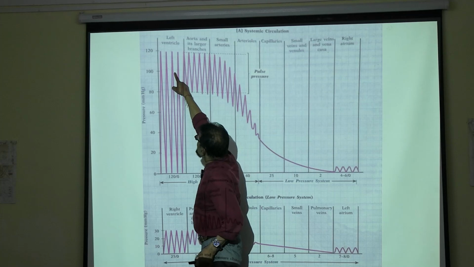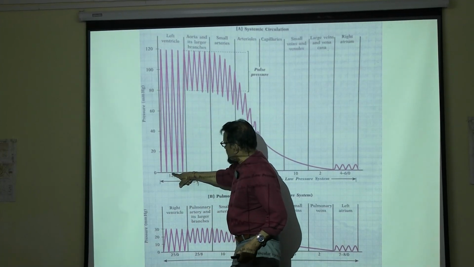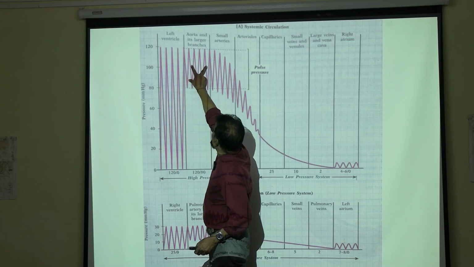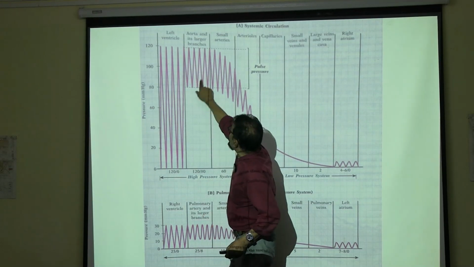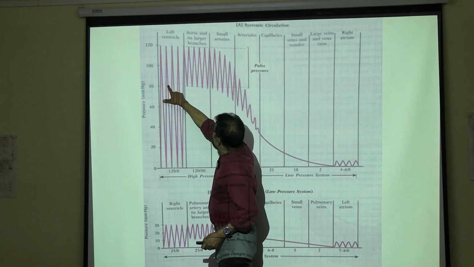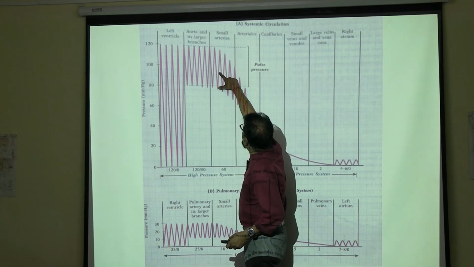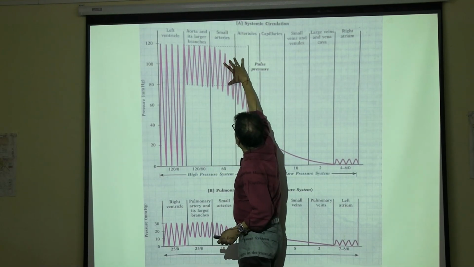See, left ventricle: systolic pressure, diastolic pressure 0. When the blood enters the aorta and its branches, systolic is 120, diastolic 80. When it enters the small arterioles, it decreases.